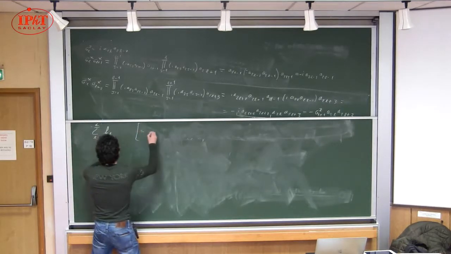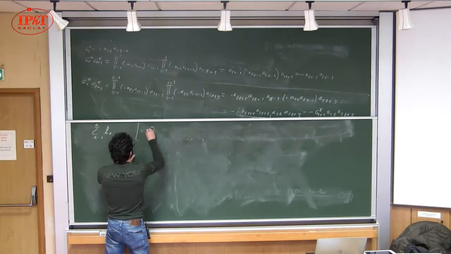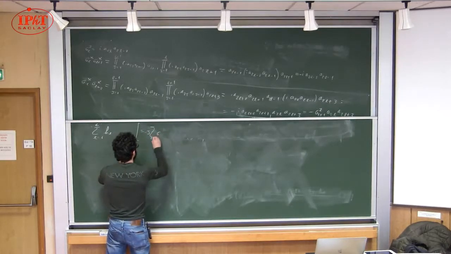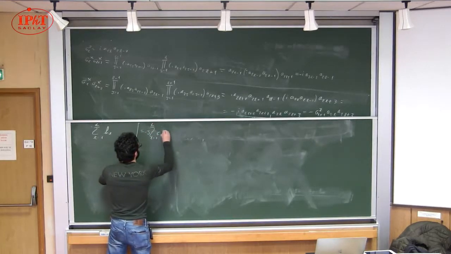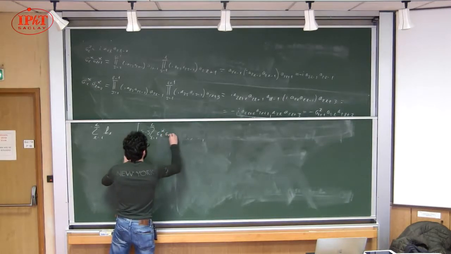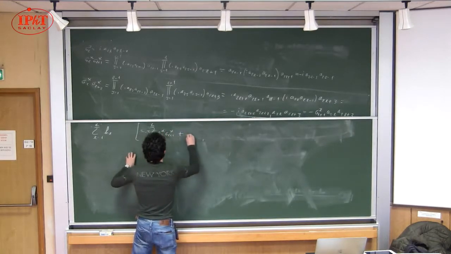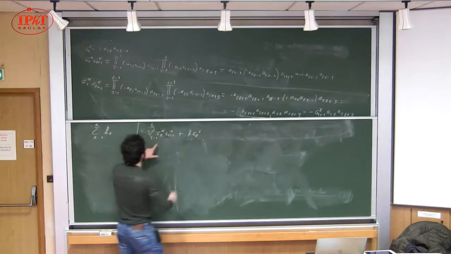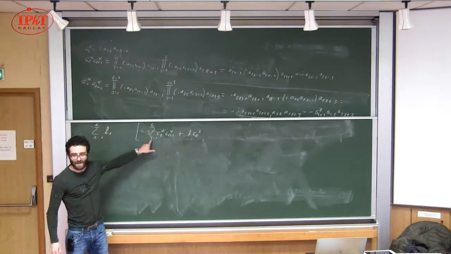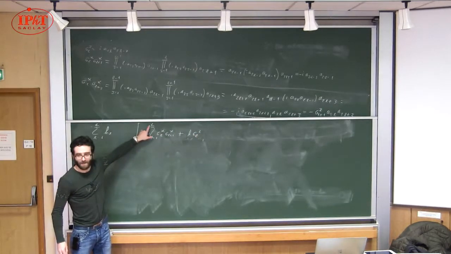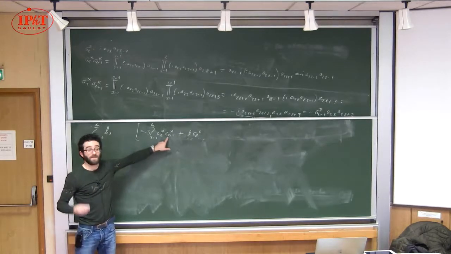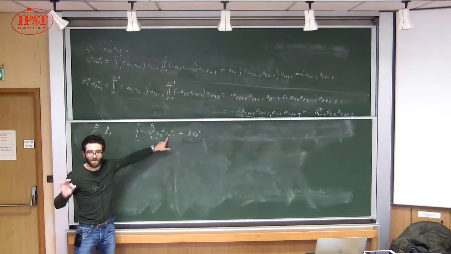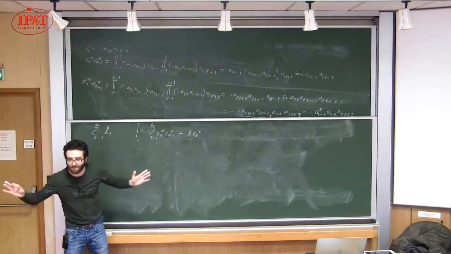For the Ising model, this is equal, again, to minus J sum over L from 1 to capital L of sigma L x, sigma L plus 1 x, plus h sigma z. Now you see that when L is equal to capital L, here it appears as sigma capital L plus 1. So we have to make sense of this, because you have only capital L sites.